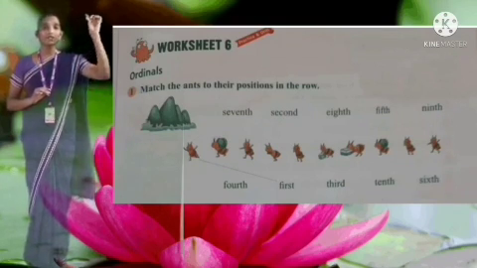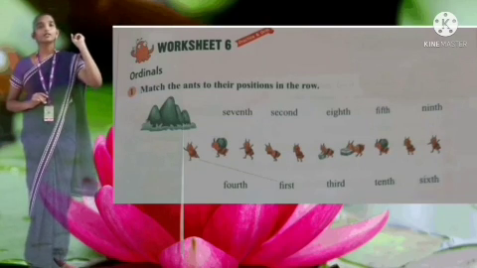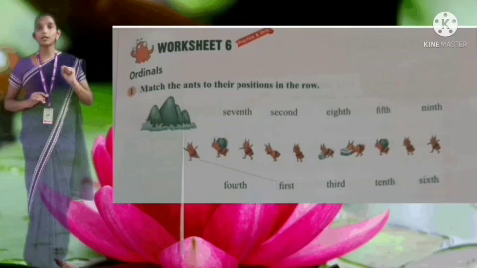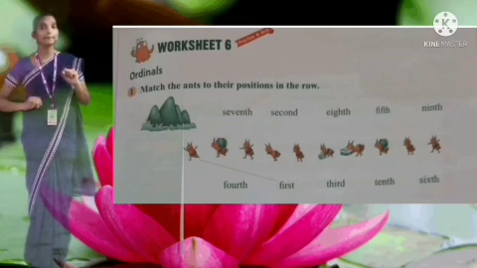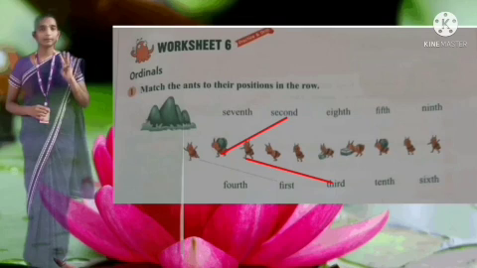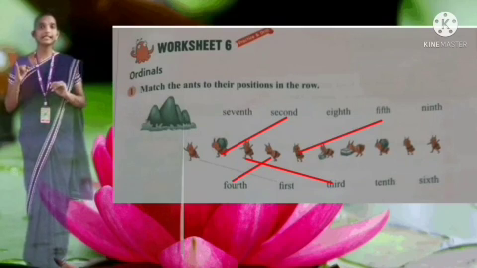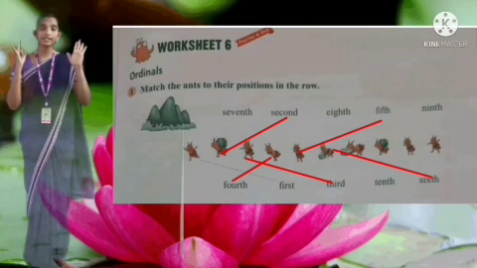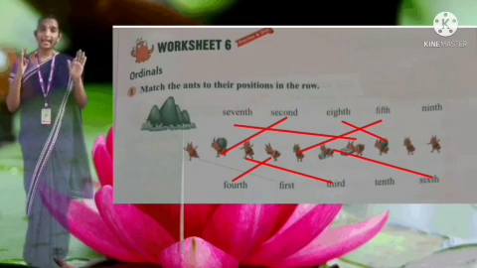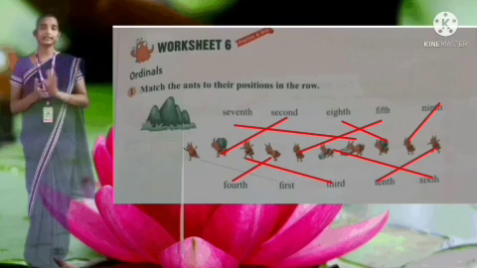Now we are going to match each ant to its specific ordinal number. So the number 2 ant will be matched to the ordinal number second, number 3 to third, number 4 to fourth, 5, 5th, 6, 6th, 7, 7th, 8, 8th, 9, 9th and 10, 10th.